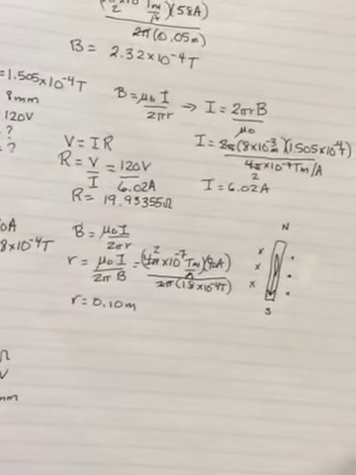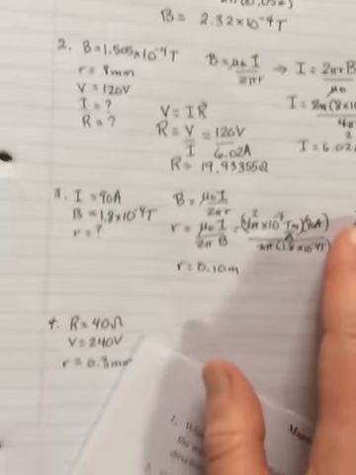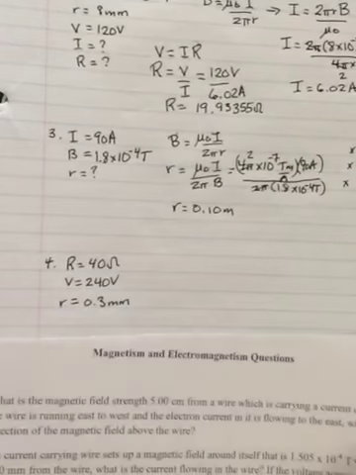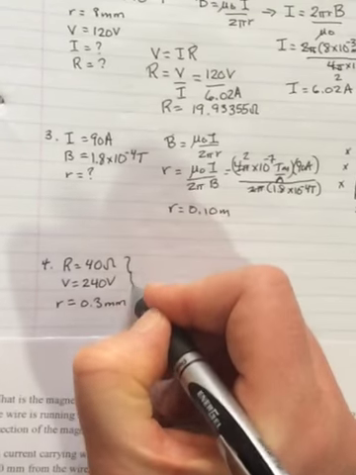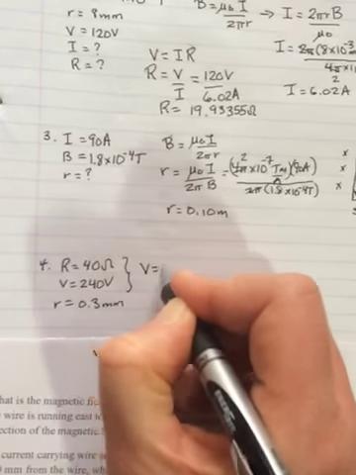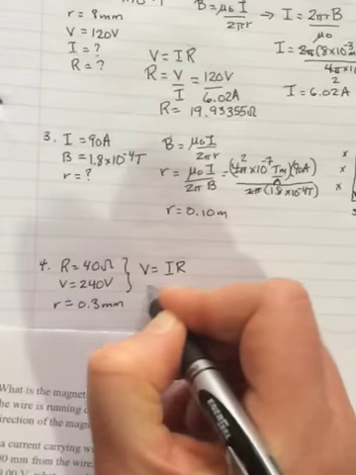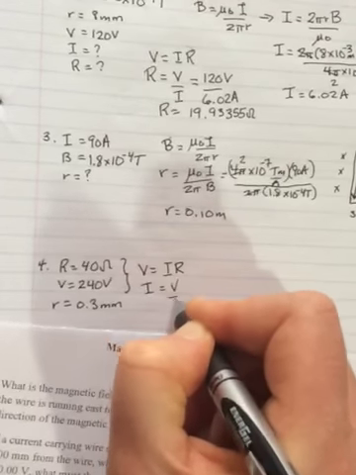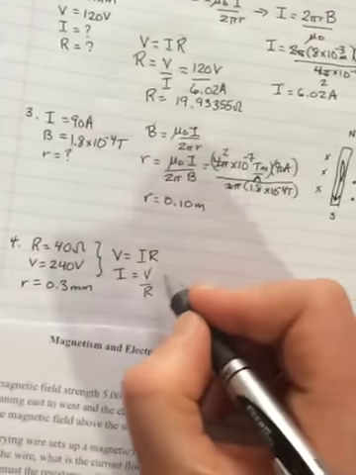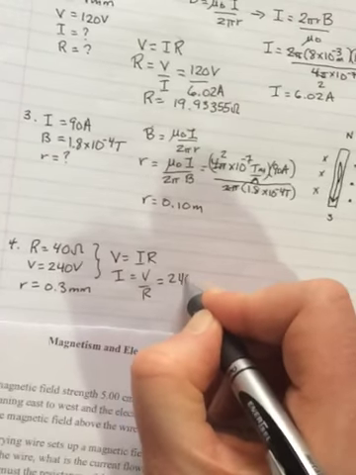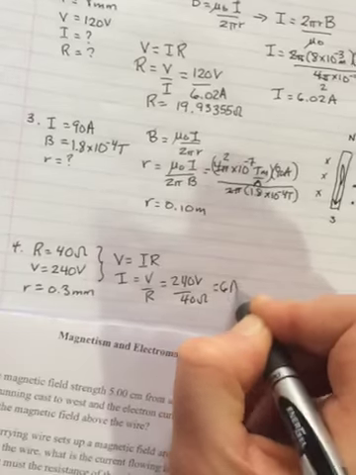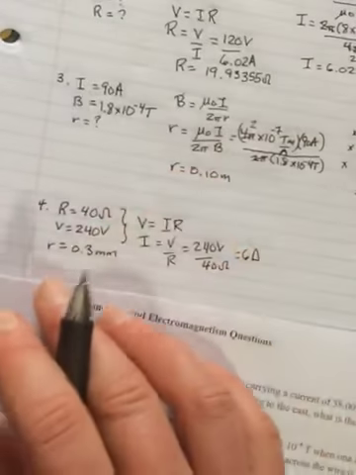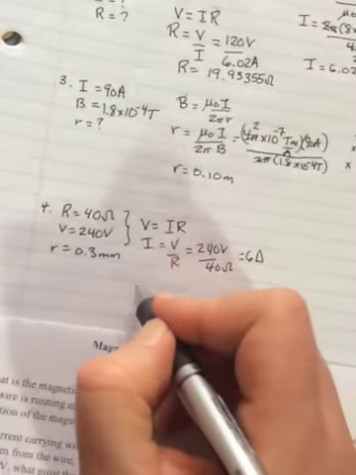Okay? Last question, number 4. Number 4 starts off by giving us a resistance and a voltage. So from that we can find a current. Again, V equals IR. So I is equal to V over R. 240 divided by 40 might give you about 6 amps. And then it tells us radius, and it wants magnetic field.